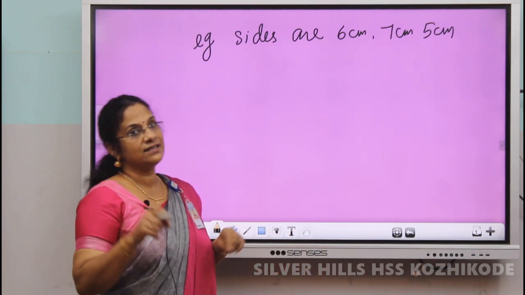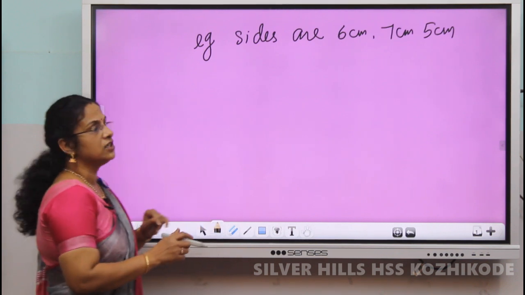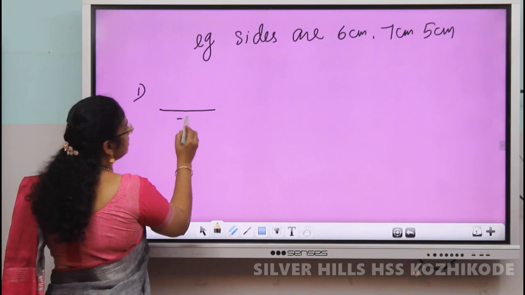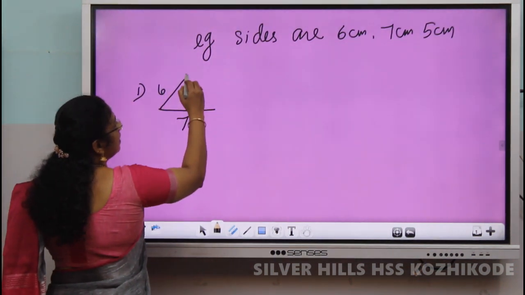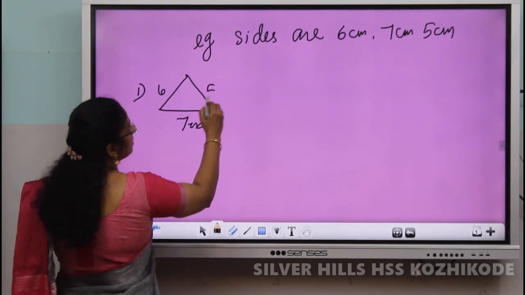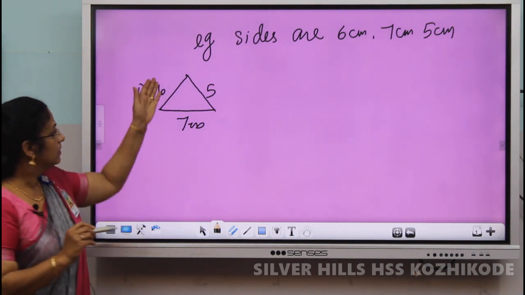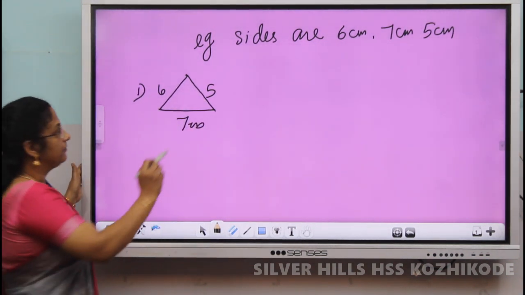I am not taking the exact measurement, just an example I am discussing. Listen here children. First, we can take 7 centimeter as base, 6 centimeter as left side and 5 centimeter as right side. 7 bottom, 6 left side and 5 right side.